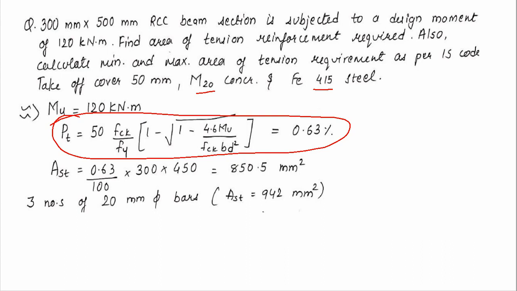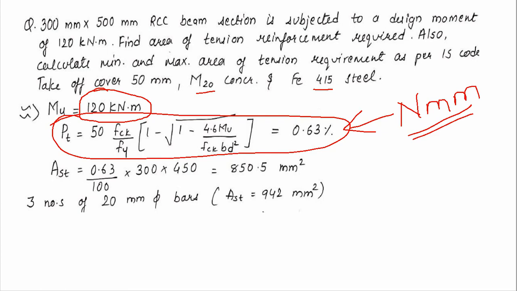Keep in mind again, as this is our last lecture, we will be referring to everything that we have seen in the previous videos. So Mu, that is moment of resistance or bending moment, is mentioned in the question as 120 kilonewton meter, but while substituting the value here, that is in the equation of PT, we always need to substitute in the format of Newton into mm.